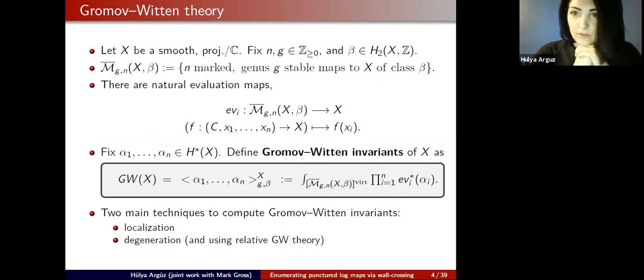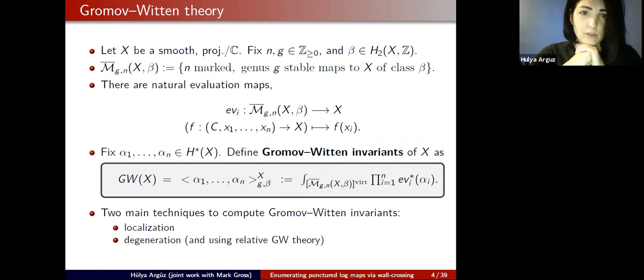Okay, so now I'd like to tell you a little bit about log Gromov-Witten theory for log Calabi-Yau pairs. Before switching to log, let me just remind you of Gromov-Witten theory. Apologies, everyone here, I believe, might know all this, just to set up the notation.